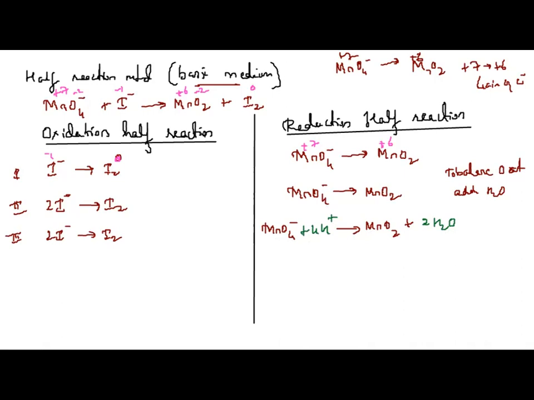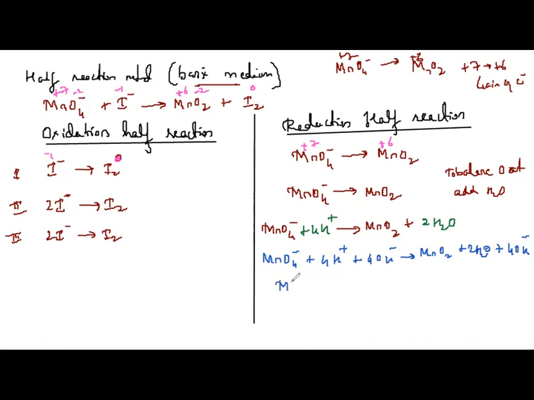Therefore, I will write the reaction as MnO4 minus plus 4H plus plus 4OH minus gives MnO2 plus 2H2O plus 4OH minus. This is the step. So you have to add OH minus like this. Replacing the H plus and OH minus ions with water, what will be the resultant equation? 4H plus 4OH minus becomes what?